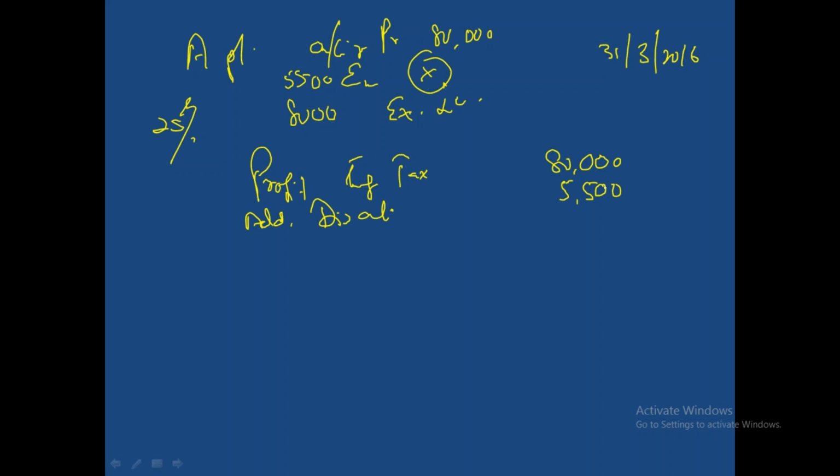Any exempted income should be deducted because we don't need to pay taxes. That 80,000 includes exempted income of 8,000, so deduct it. So 80,000 plus 5,500 minus 8,000 is what we call taxable profit.